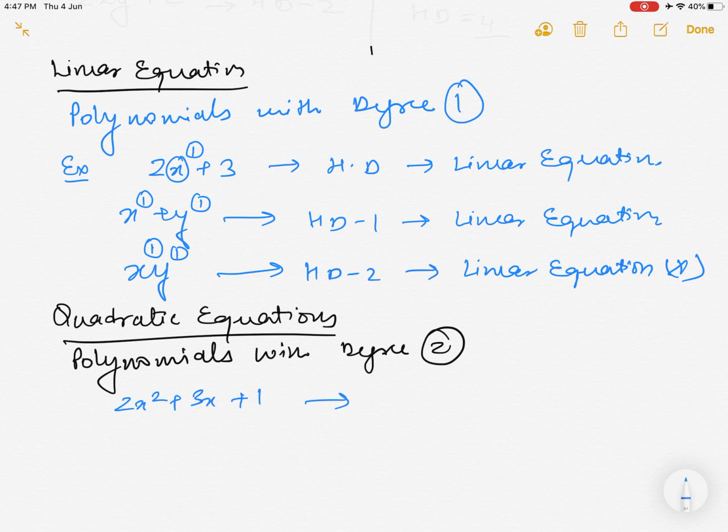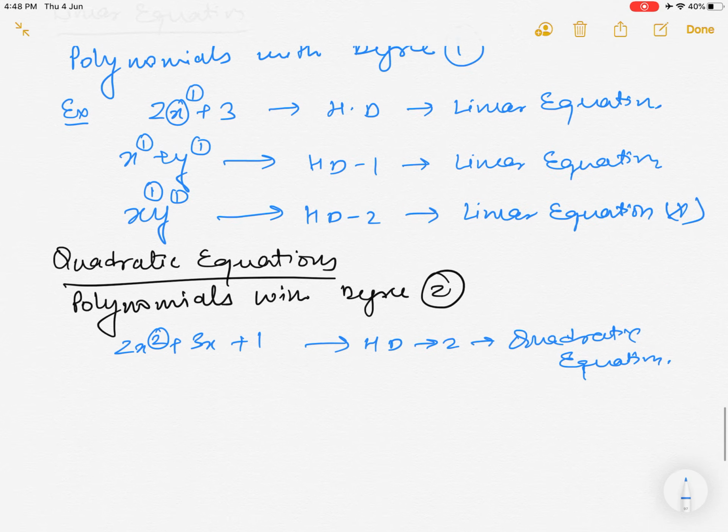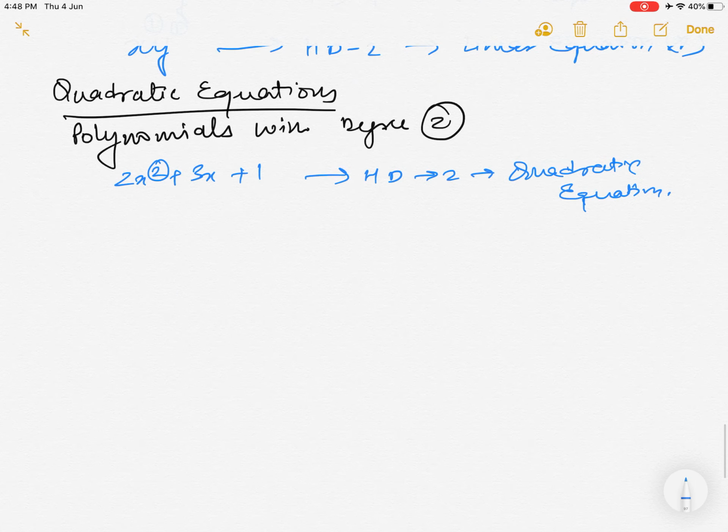For example, let's say I have an equation like 2x^2 + 3x + 1. Now if I ask you what's the highest degree here, you'll consider this independent variable x. You'll see that the highest degree to which it is raised is 2. So highest degree can be written as 2, and this can be treated as a quadratic equation. No problems with that, right? So if the degree is 2, you will say that it's a quadratic equation. If the degree is 1, you will say it's a linear equation.